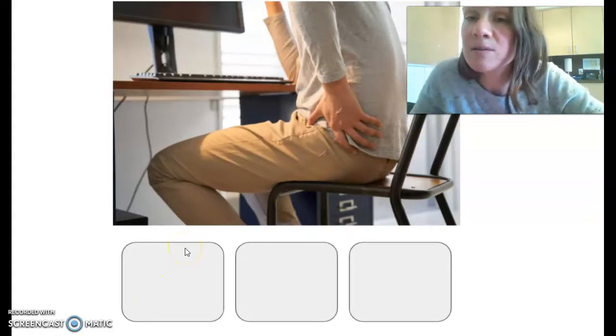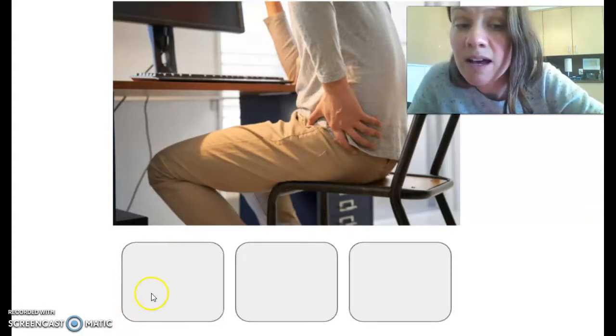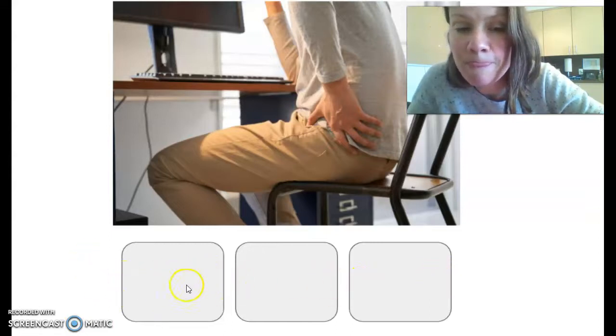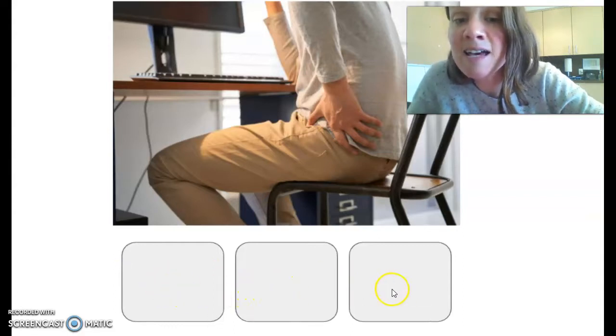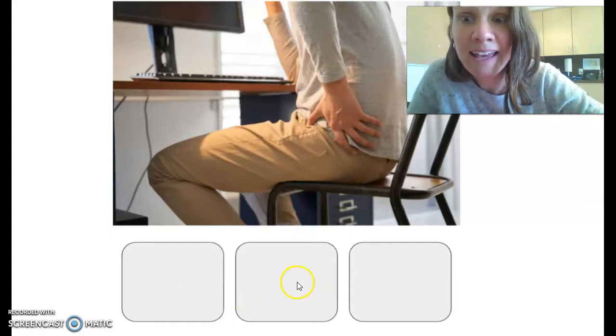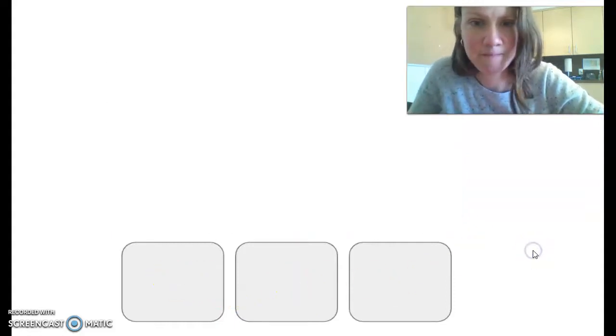What are the sounds in hip? First one. H, ip, hip. Okay.